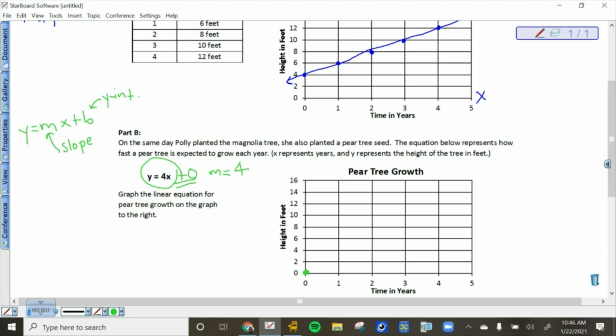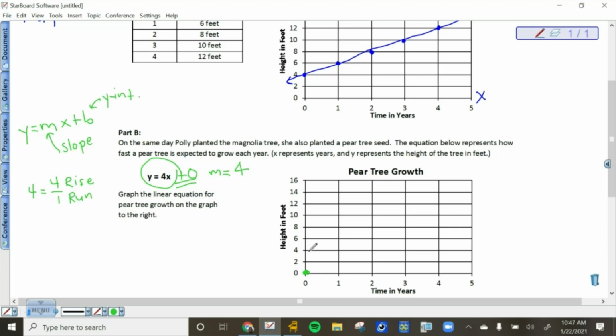So that's my y-intercept. And then use your slope. My slope is 4. 4 is equal to 4 over 1, right? So my rise is 4. My run is 1. So from our y-intercept, we go rise 4, run 1. And be careful, look at the scale on the side. We don't just count up 4 lines.